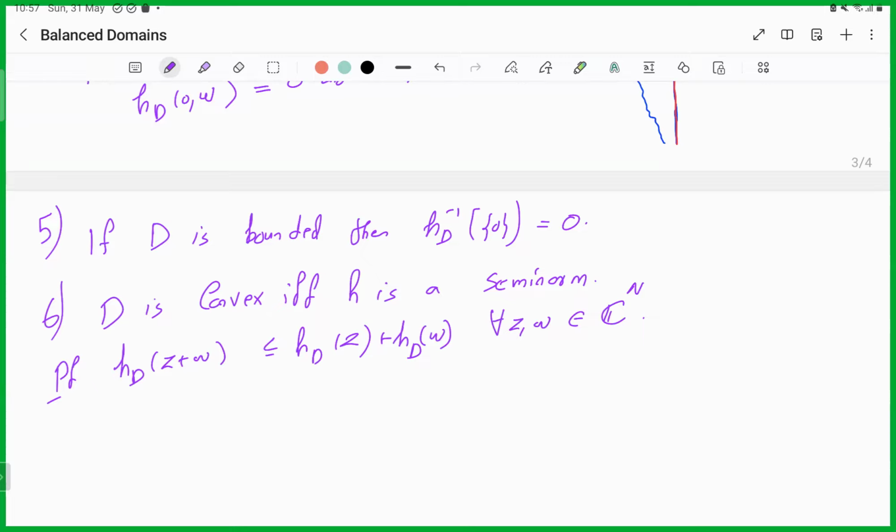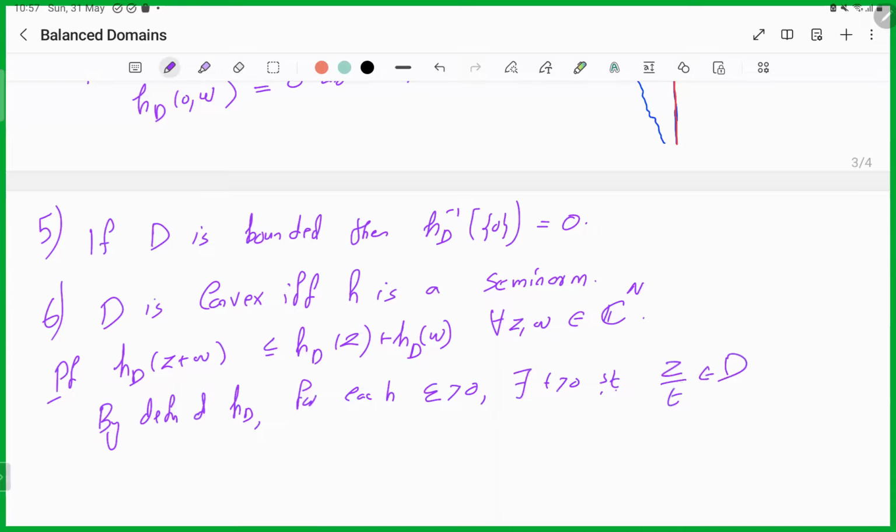Take Z and W in C^n. By the definition of the Minkowski function, for each epsilon greater than 0, there is a t greater than 0 such that Z by t belongs to D and t is less than H of Z plus epsilon.